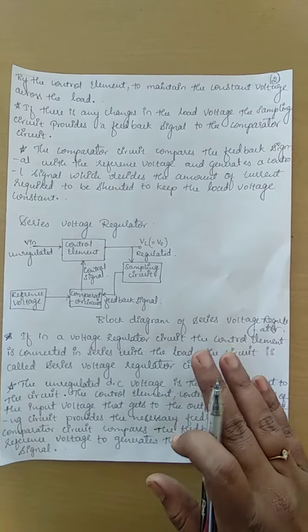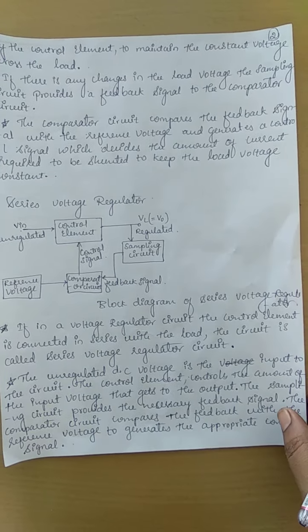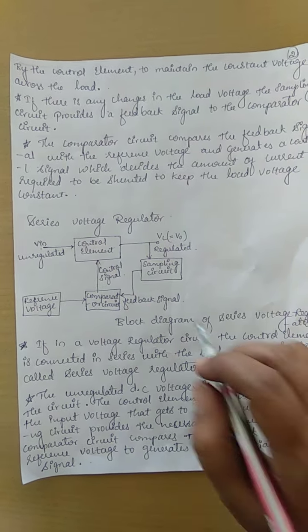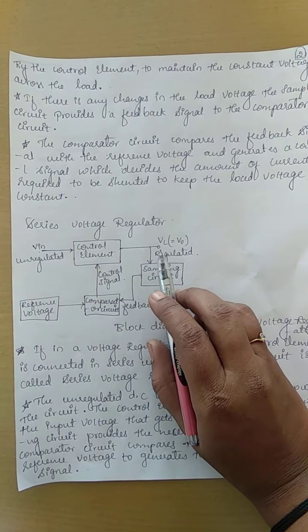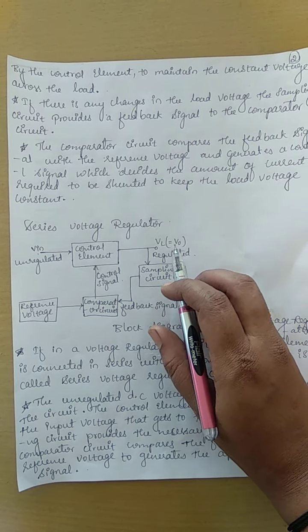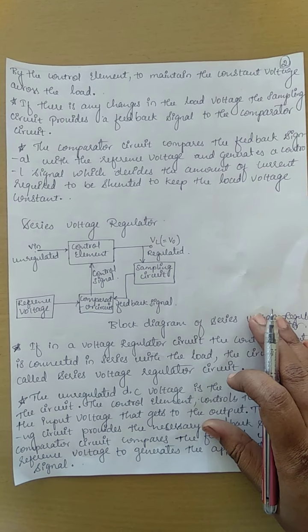Next is the series voltage regulator. The working principle is the same as for the shunt voltage regulator, but the control element is connected in series with the load. So it is called a series voltage regulator.